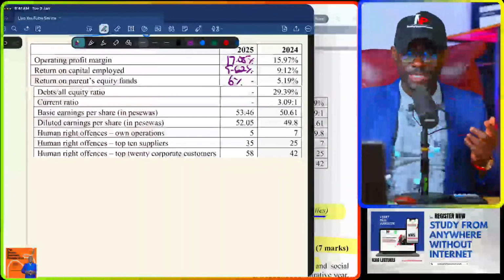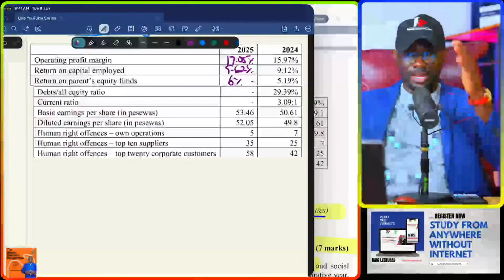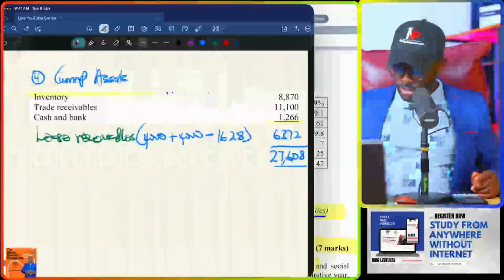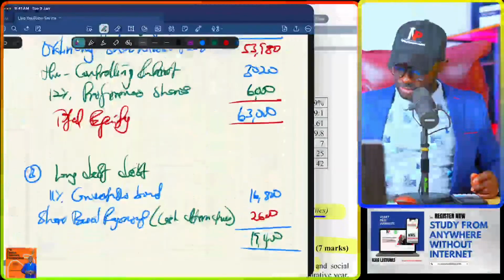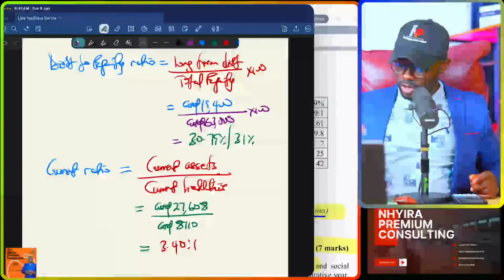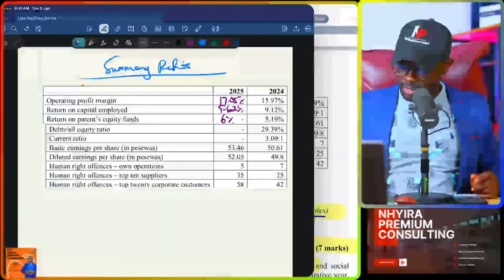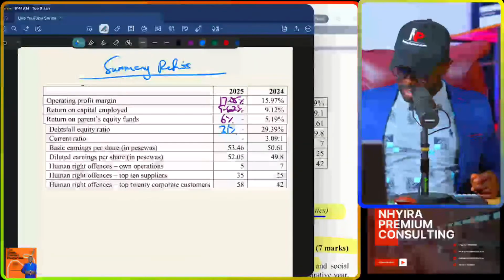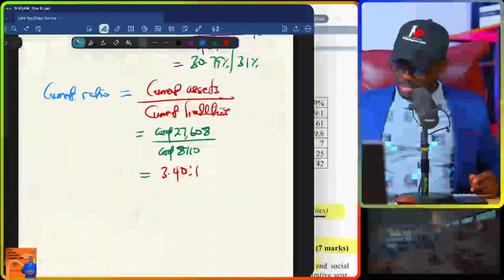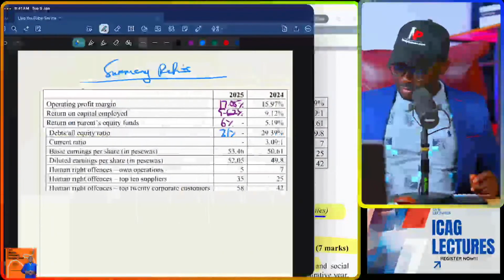So in the exam, all you're going to be preparing is this, but I'm in class, so you know. So debt to equity, we got 30 point, or 31% approximately. Then the last one, current ratio, we got 3.4:1.